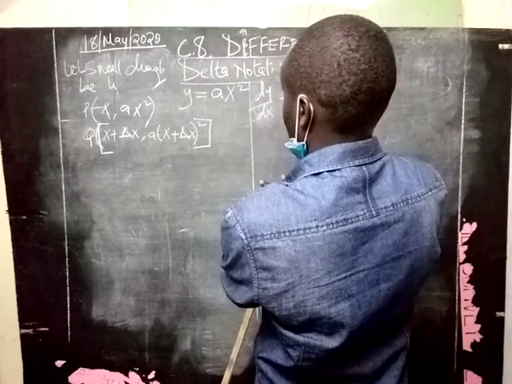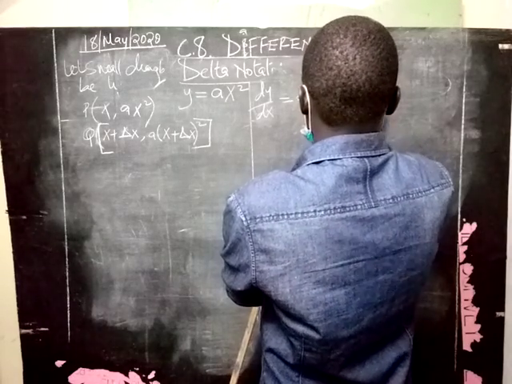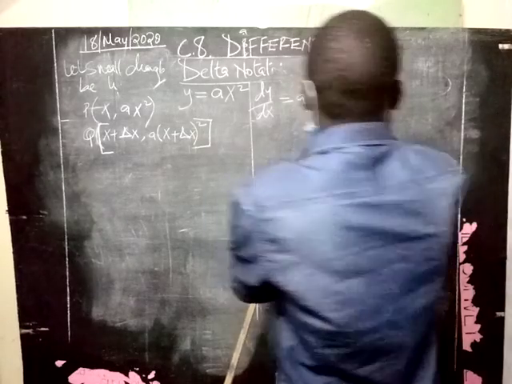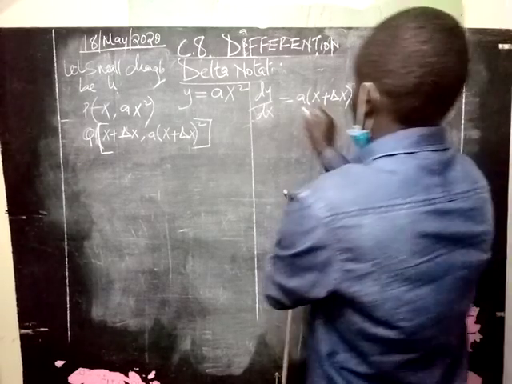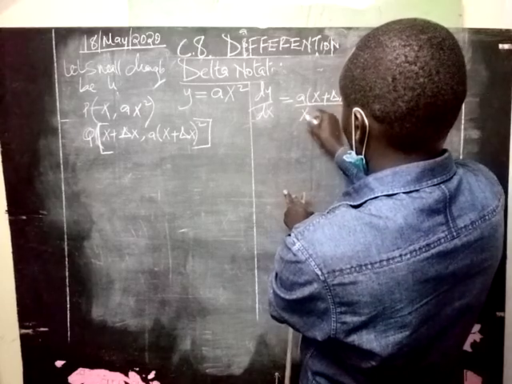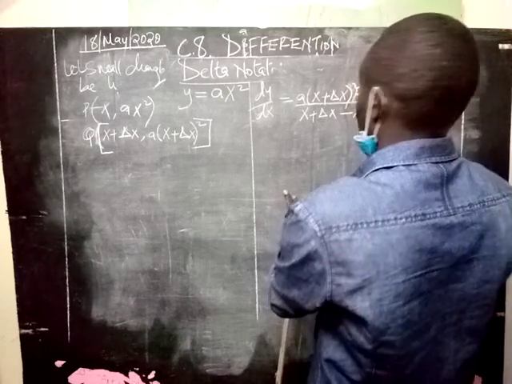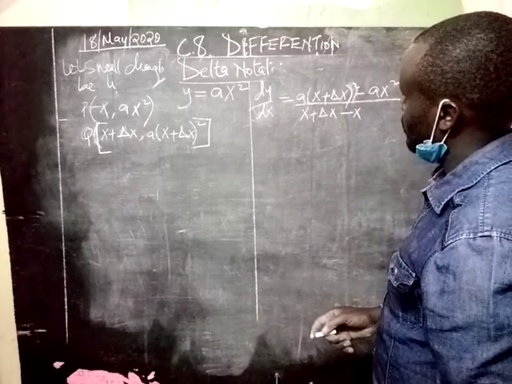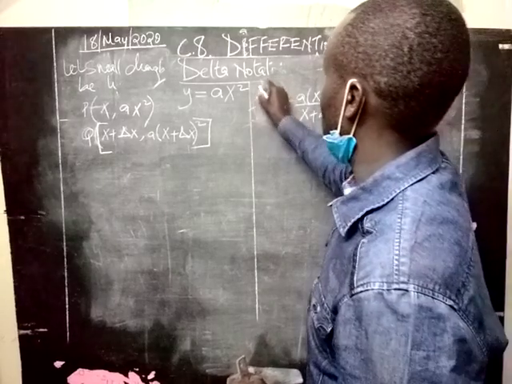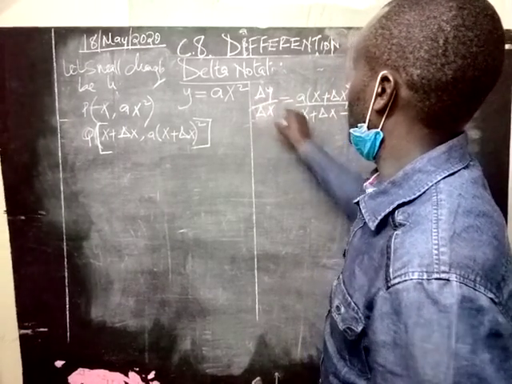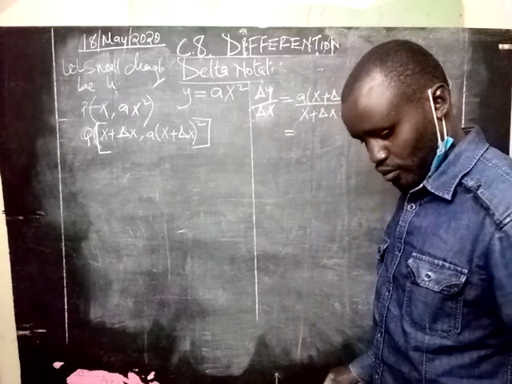So we say a times x plus delta x squared, minus a x squared, divided by x plus delta x minus x. Because we are using delta here, it is the same as delta y over delta x, so that it does not bring confusion. That is how it should be.